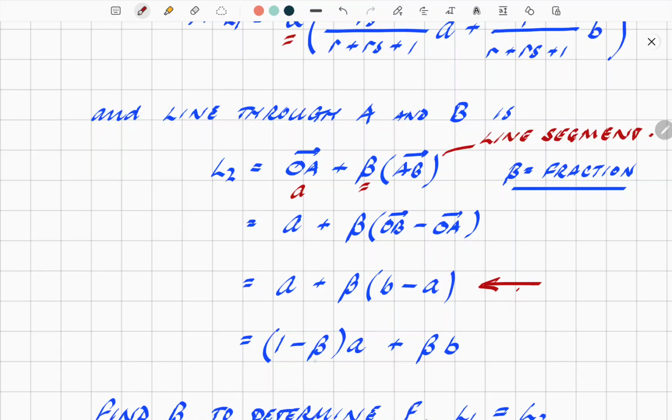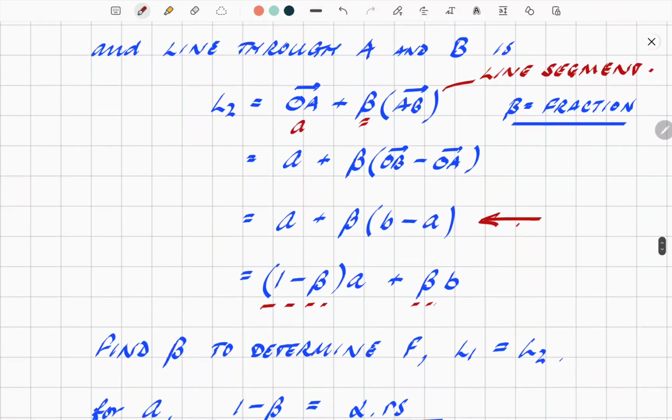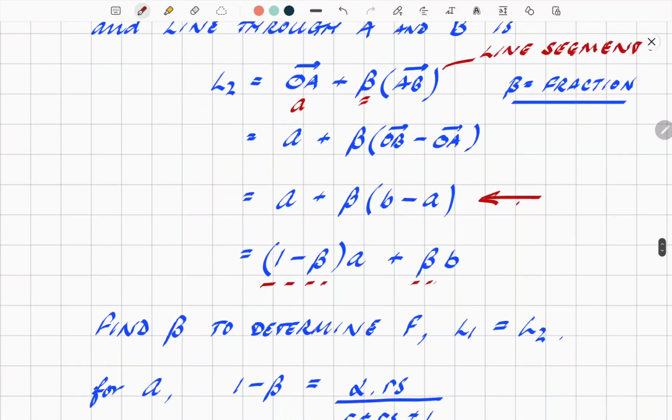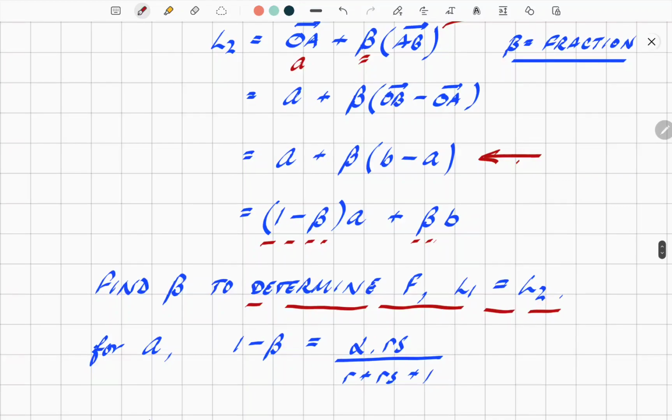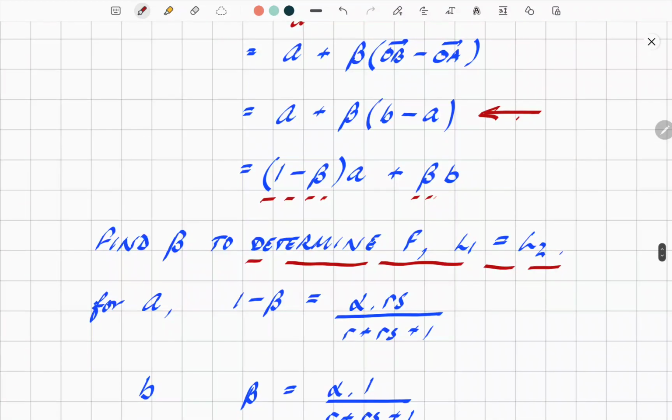And tidying that up, we've got (1 minus beta) times A plus beta B, all right? So again, the same thing, all right? We know that the lines must intersect at F. So we set line 1 equals line 2, and we are going to equate coefficients.